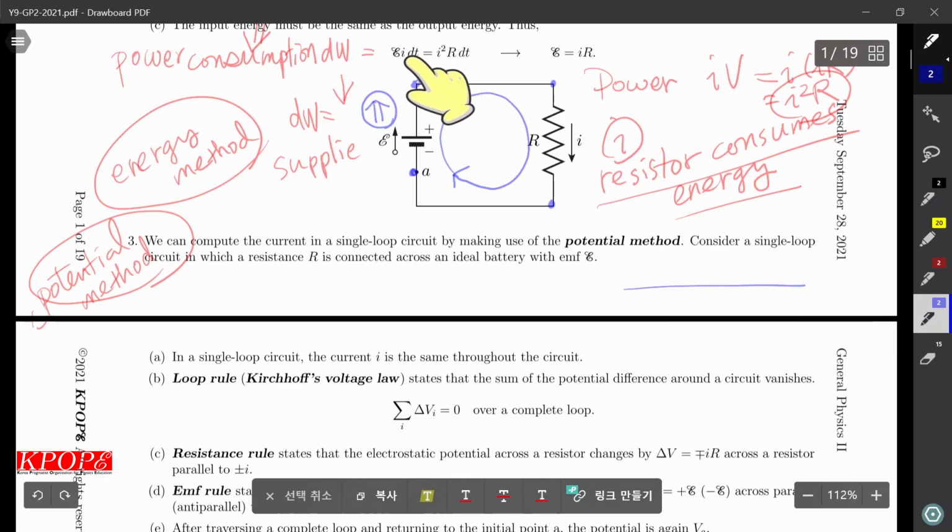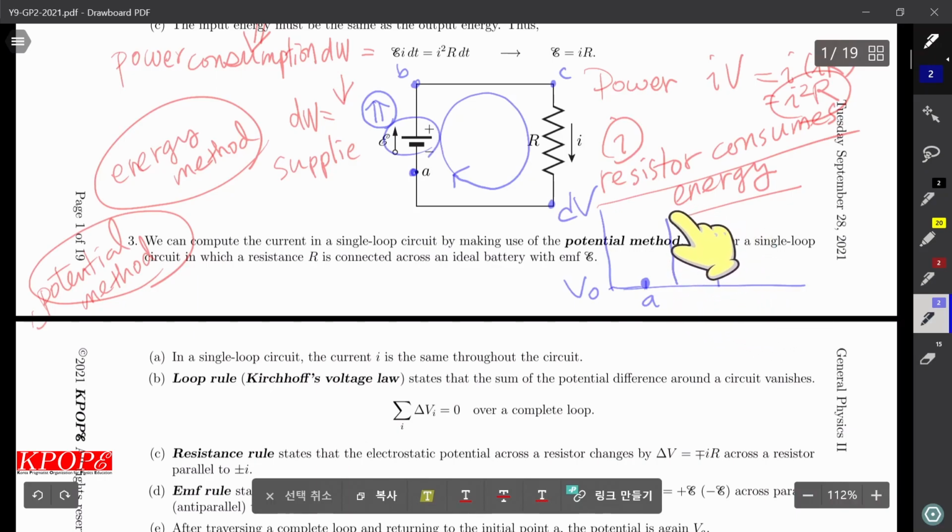This is A, B, C, D. The potential at A has some value, let me call it V0, and it suddenly rises when we pass the battery.